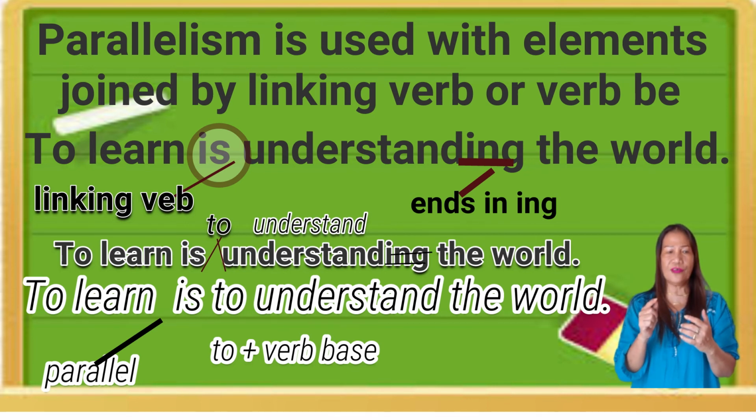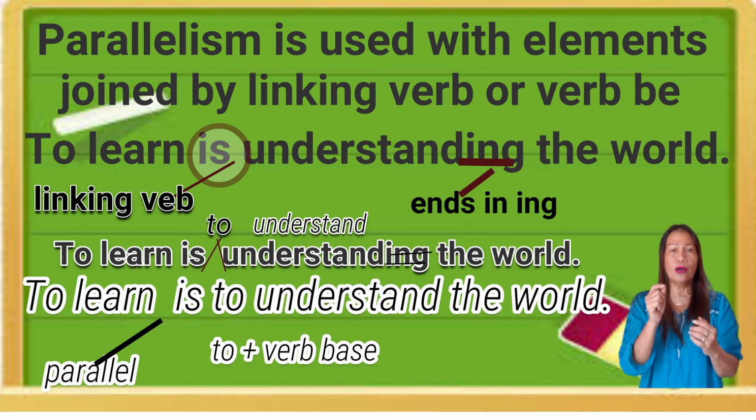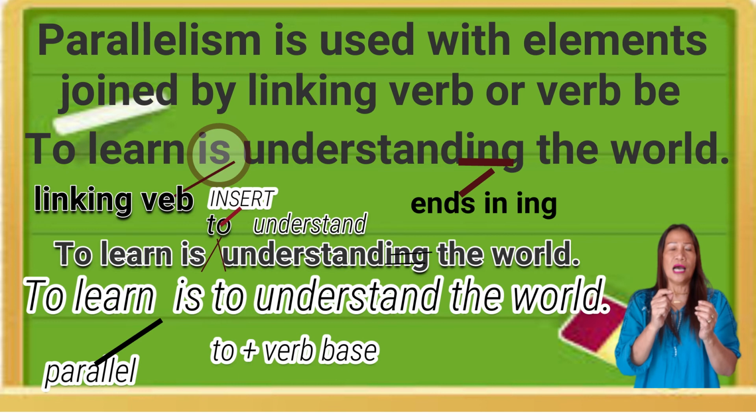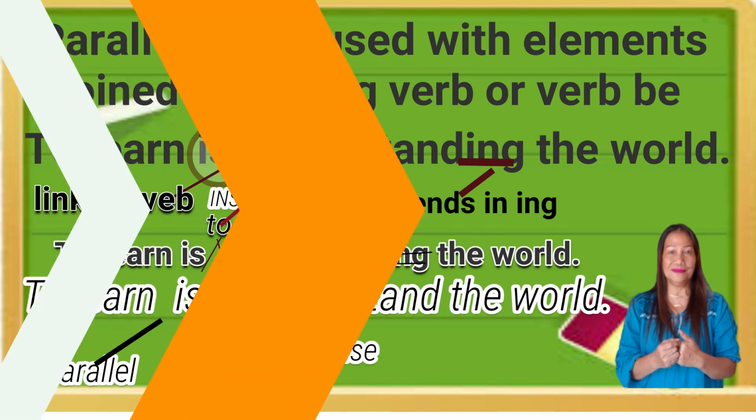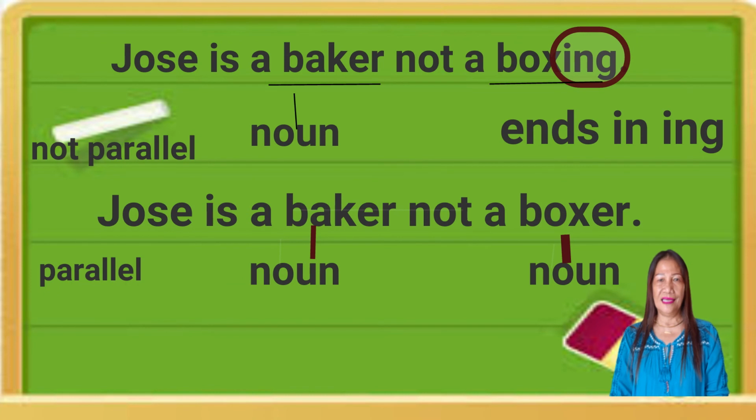Is is a linking verb. We are going to put the word to. When you use the word to, it is followed by a verb in the present tense. So we have to write, to learn is to understand the world. So it's now parallel.